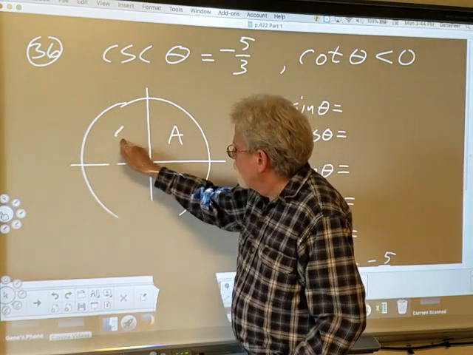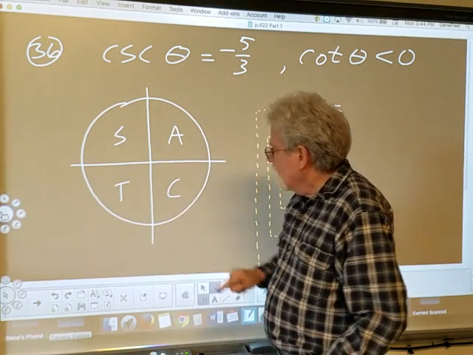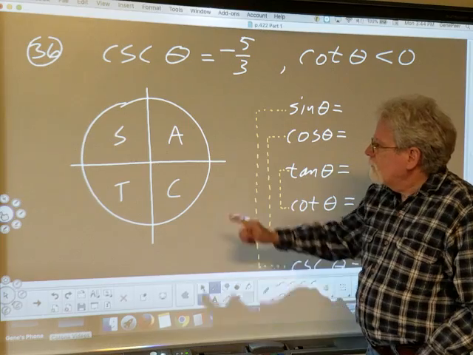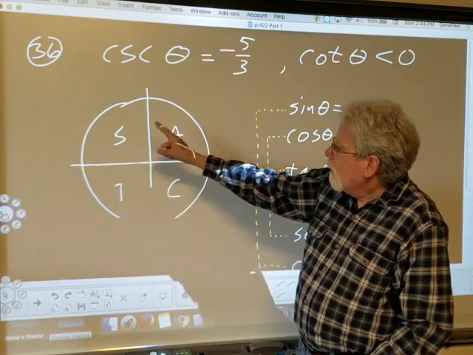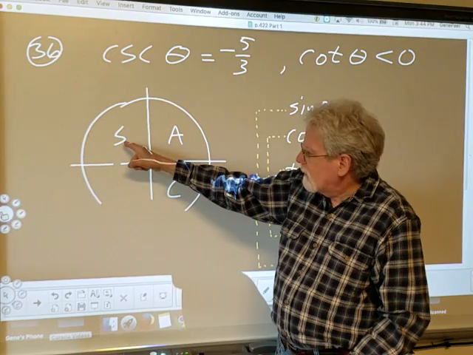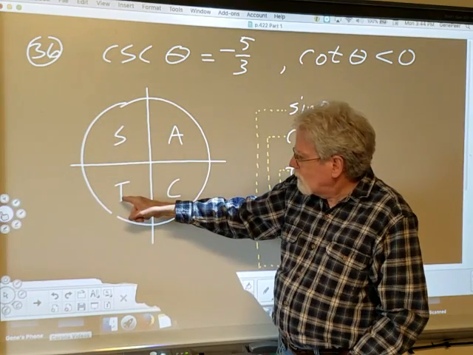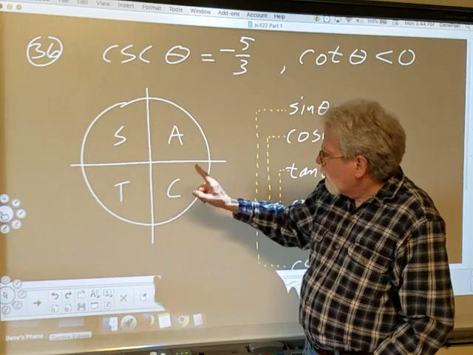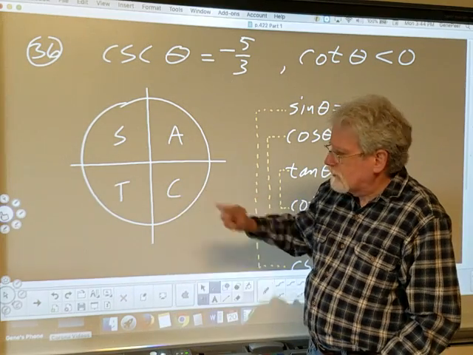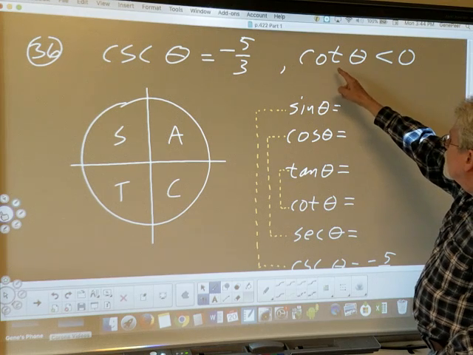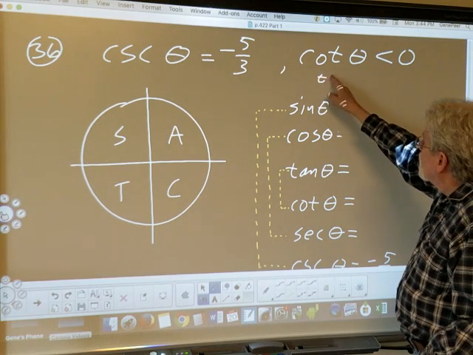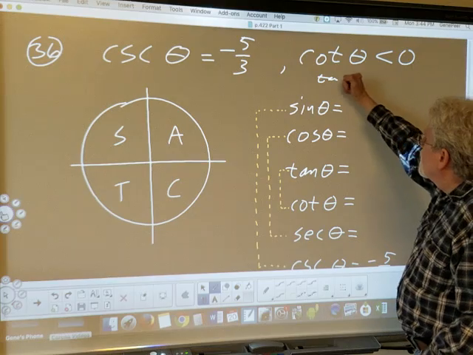All students take chemistry. This says that all 3 functions are positive in the first quadrant, only sine is positive in the second, only tangent is positive in the third, and only cosine is positive in the fourth. Well, here cotangent is negative, therefore its reciprocal, tangent, must also be negative.